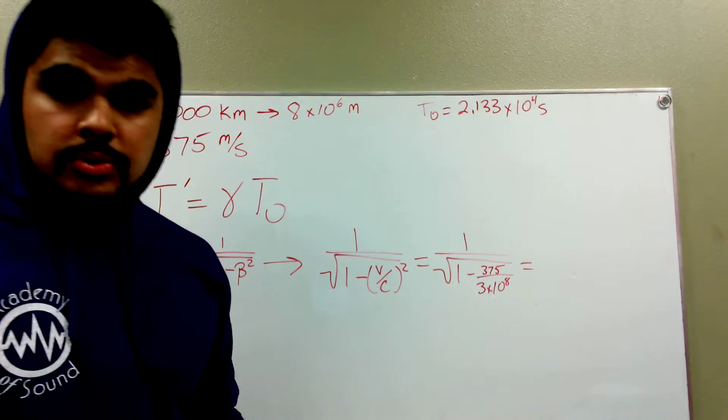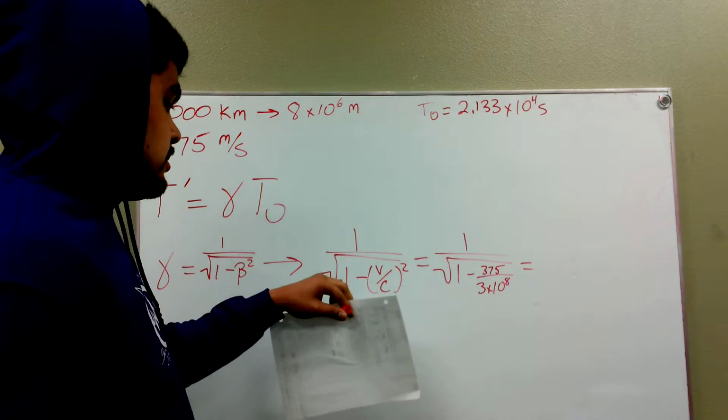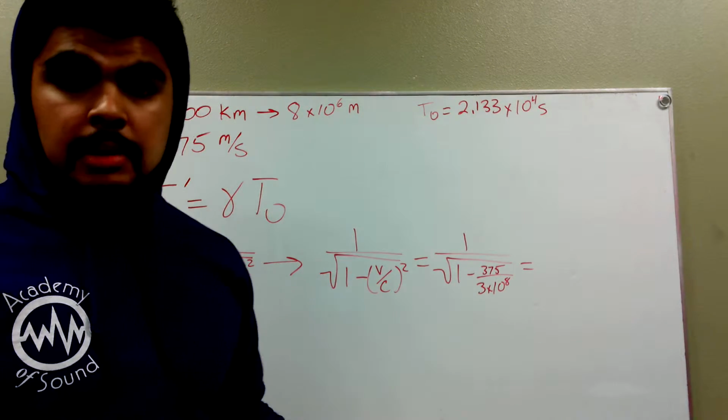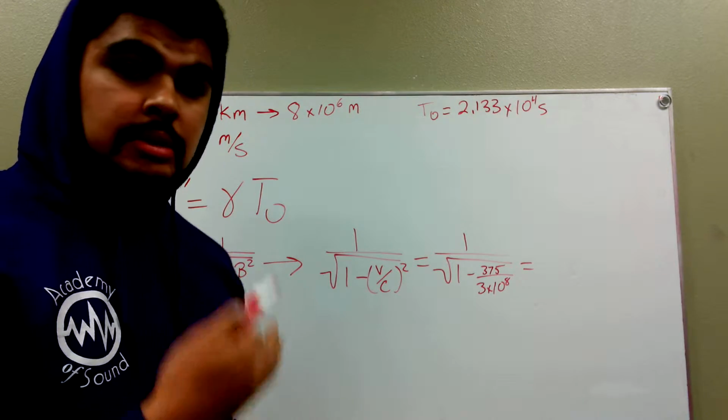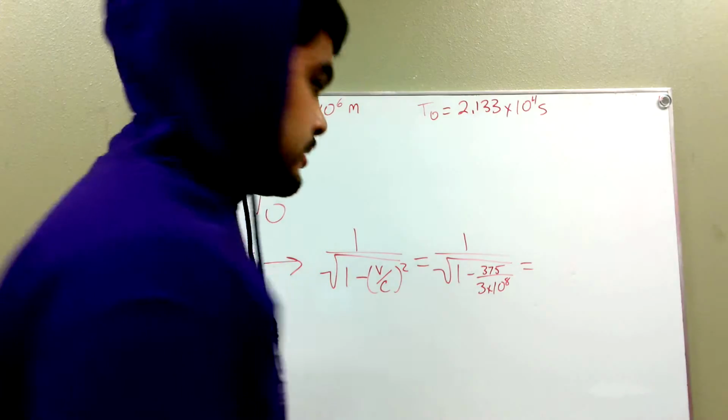Now, when you do this, gamma actually comes out to equal 1, and that doesn't help us at all, because that means that T prime is equal to T naught, and that's not true in this case.